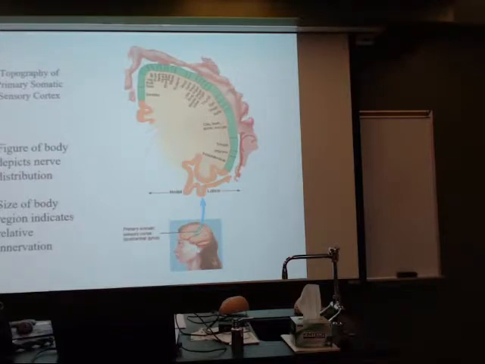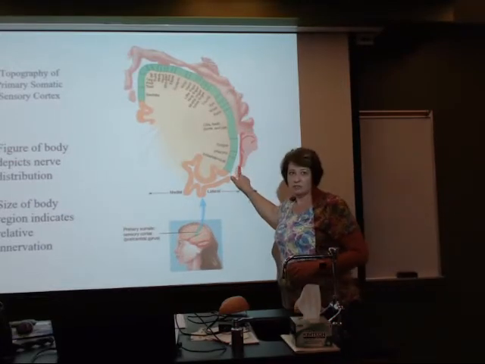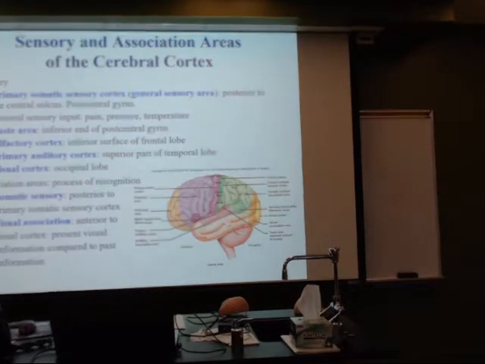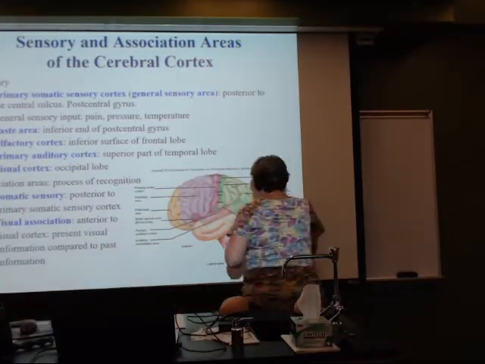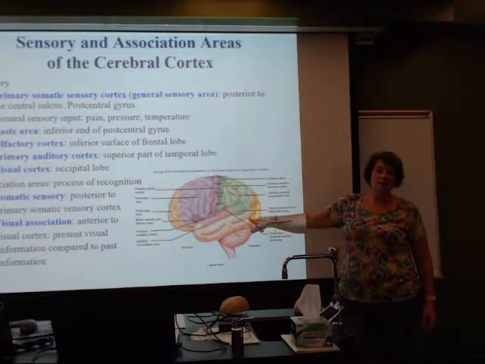It has to go to the furthest point of that gyri. So that information, this sensory information, gets to be associated and processed in these other areas of the brain.